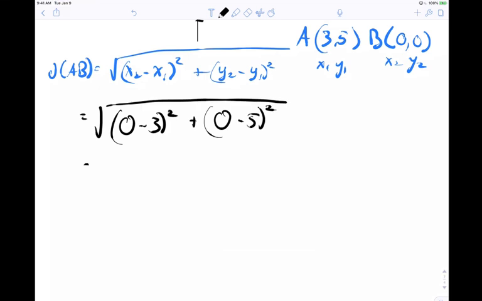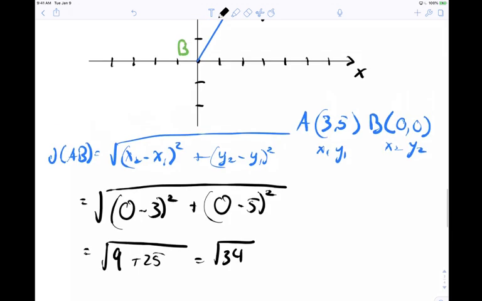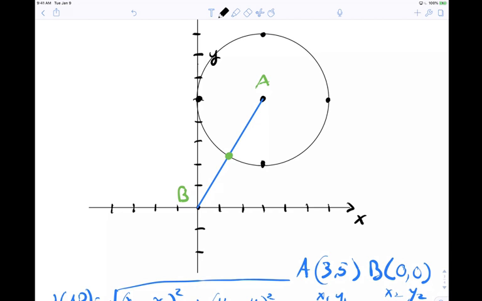So the distance of AB from the origin to the center, what is that? The square root of 9 plus 25. That's 34. So the distance from A to B is the square root of 34. The radius, we said, was 3.